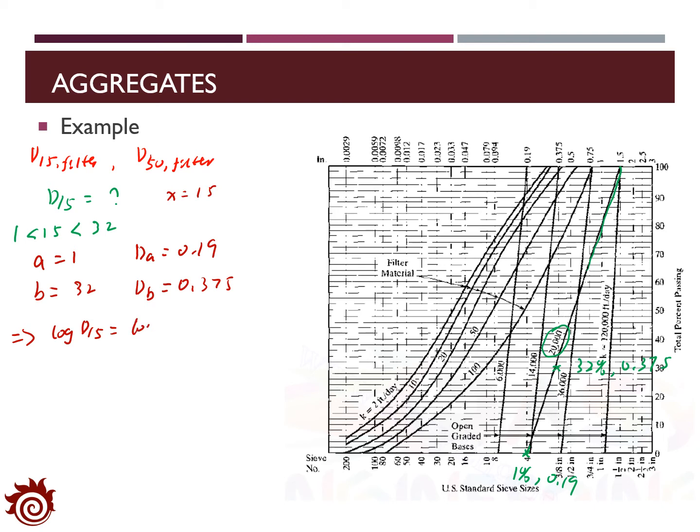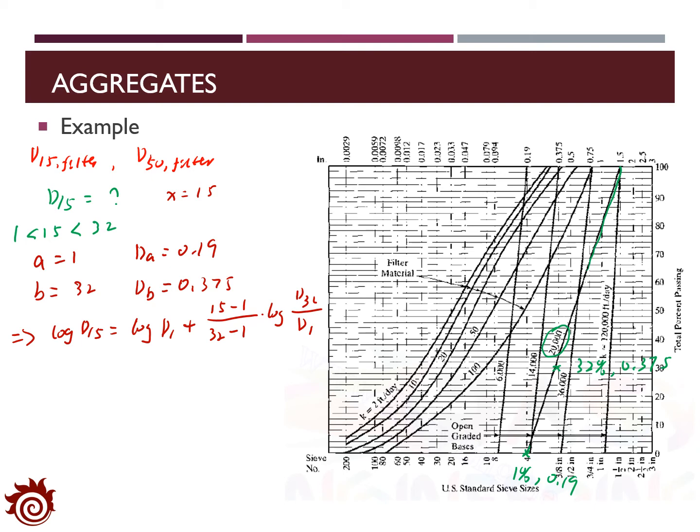So that is log D1 plus (15 minus 1)/(32 minus 1) times log(D32/D1).